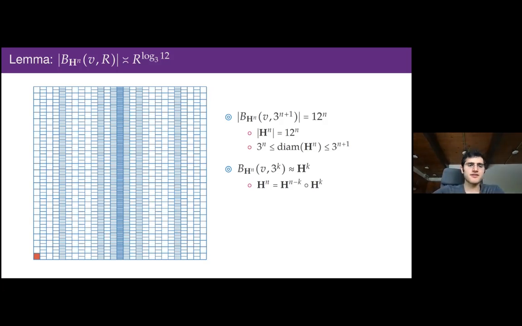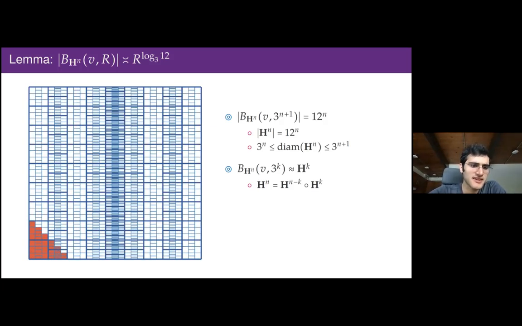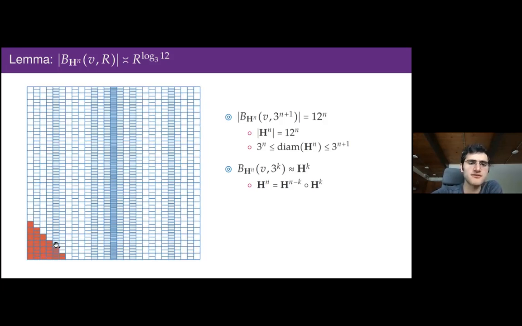If you start from this bottom left vertex, your ball grows like this. Here the thicker lines denote H squared, and the original graph was H cubed.